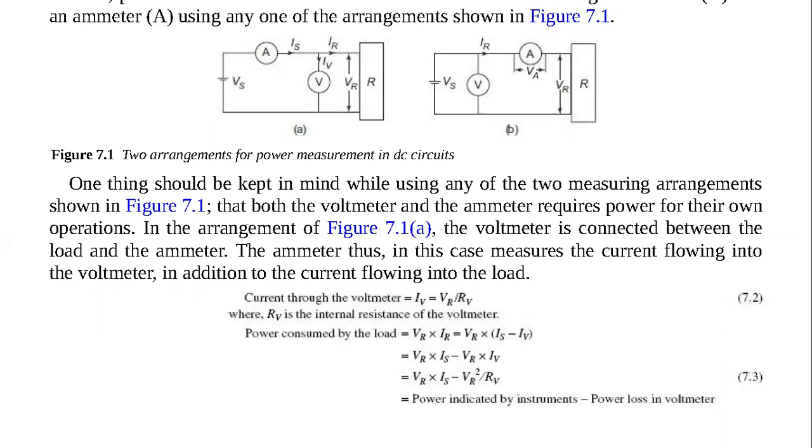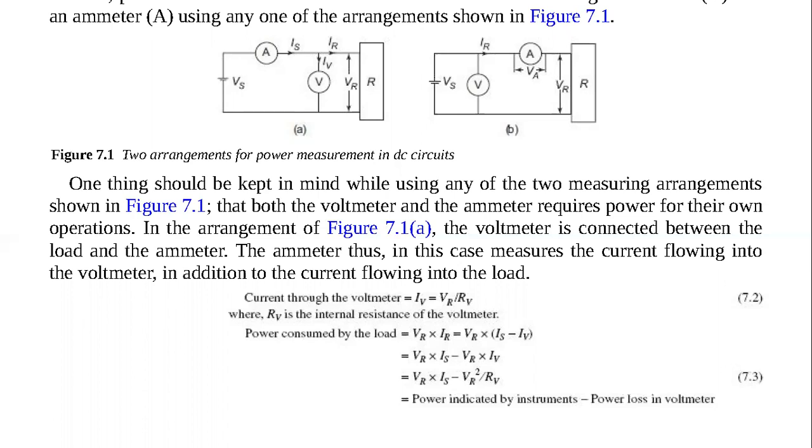So there is the IS, IR, and IV. IS being the current from the voltage source, and that is the total current that is being measured by our ammeter for this case, A. And there is the IV, which we have said is the current through the voltmeter.